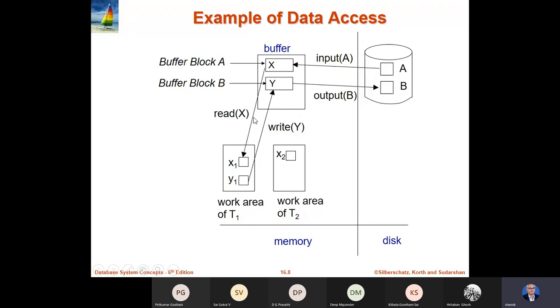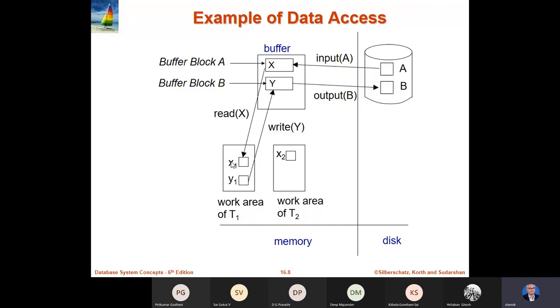So if T1 changes the value of X in buffer block A and did not yet change the value of Y in buffer block B, and the database management system feels that it has to bring in new blocks because there is not enough space, it will flush buffer block A. Then T1 only changed the value of X in buffer block A, it did not yet change the value of Y in buffer block B, but X has been flushed to the disk along with buffer block A.